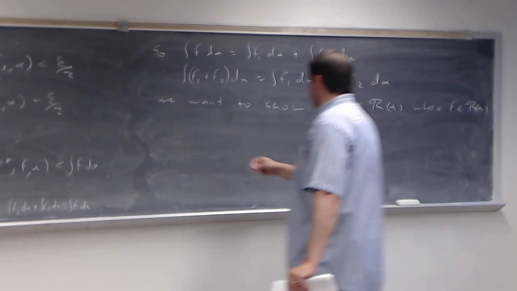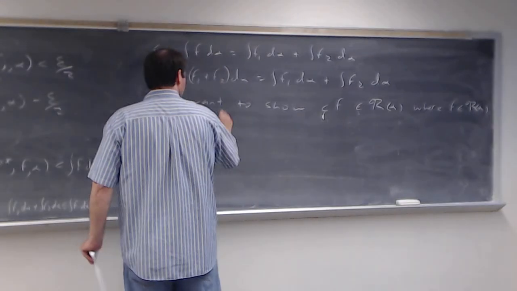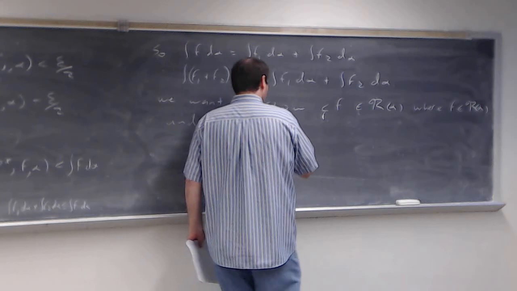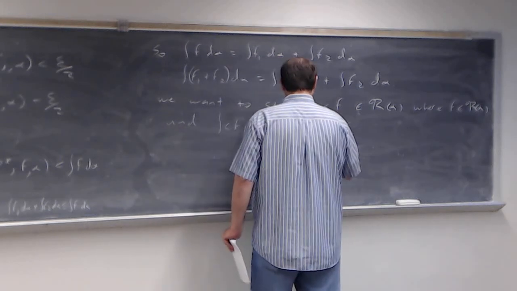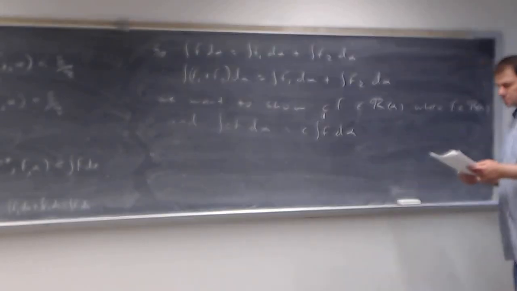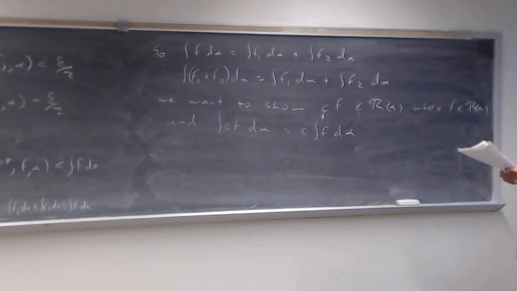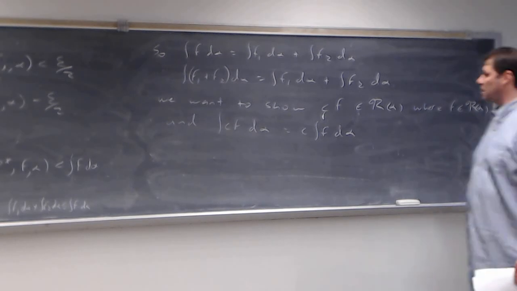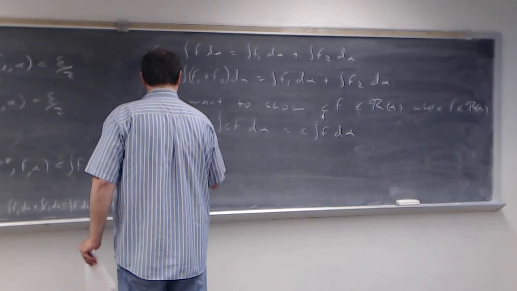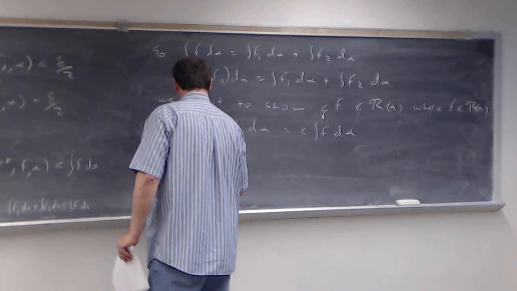Not only that, but if you integrate this C times f d alpha, what you get is C times the integral of f d alpha. Okay, so we're going to divide this into cases based on C. And so the first case is when C is greater than 0.